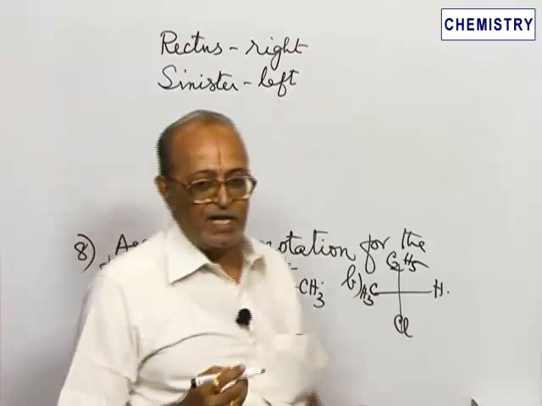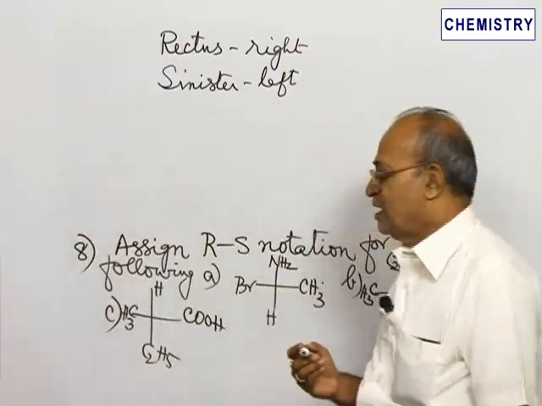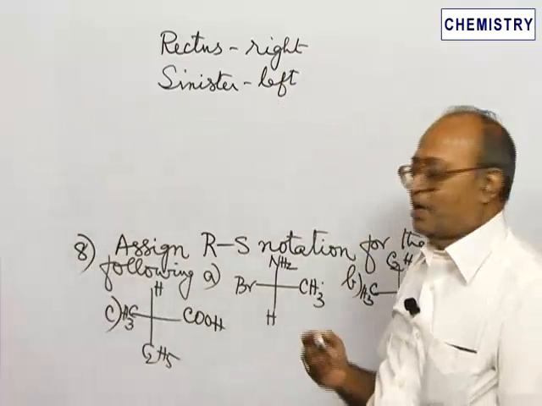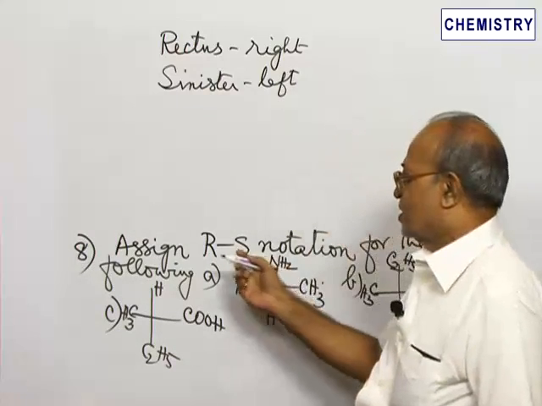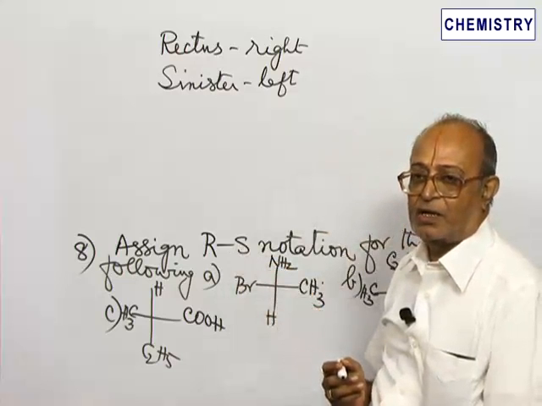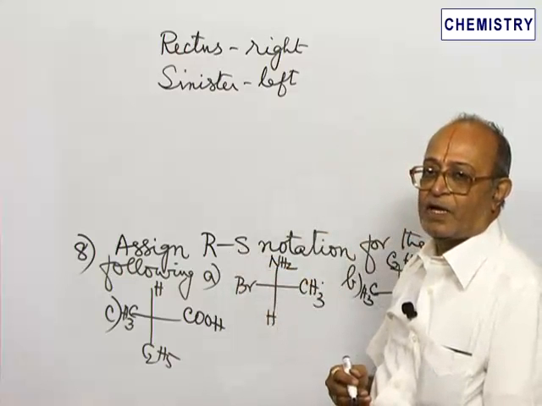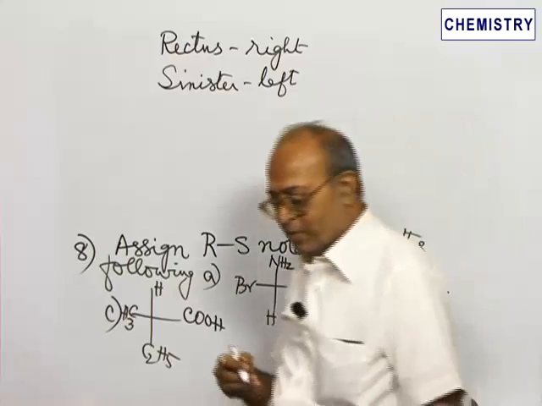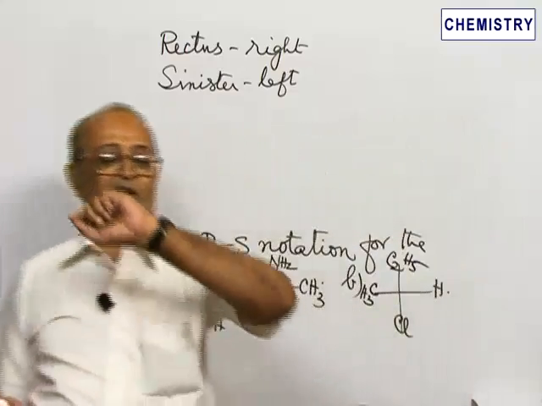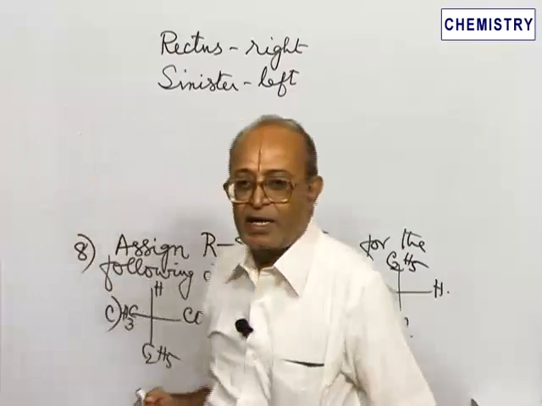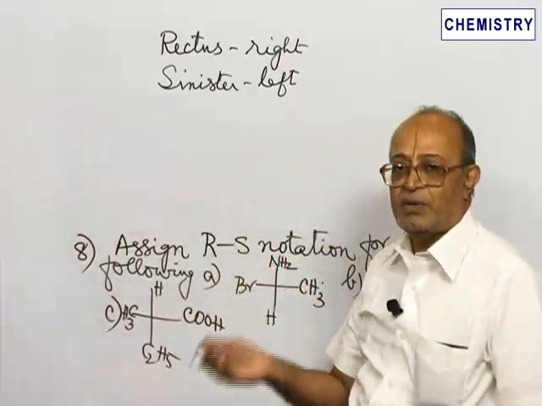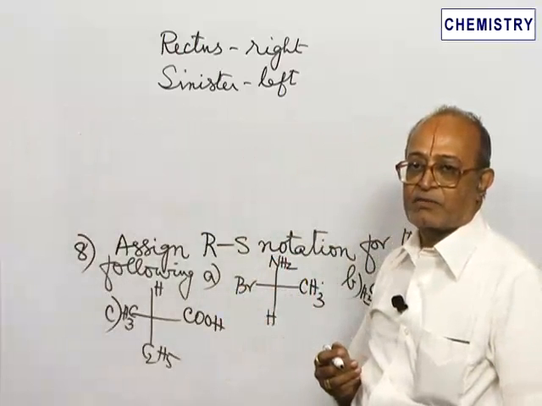So instead of dextro isomer and levo isomer, we can follow this sort of notation also, RS notation for optical isomers. Please remember RS notation for optical isomers and EZ notation for geometrical isomers.